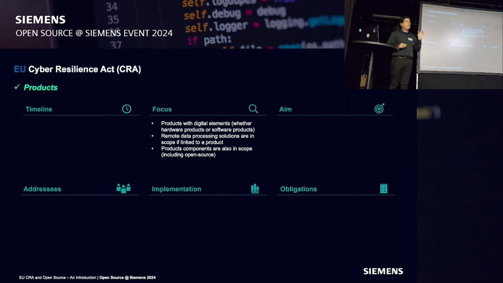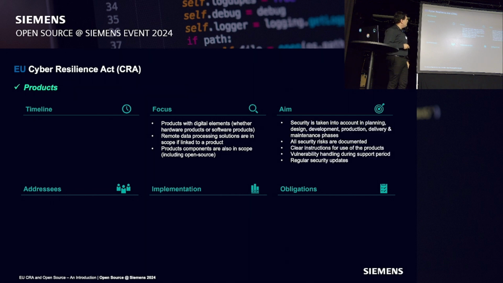In terms of the CRA, it depends on whether the SaaS solution is related to a product and its essential functionality. Components are also in scope, so if you have third-party components inside your product, they are in scope. We will discuss a bit later, including open source components.